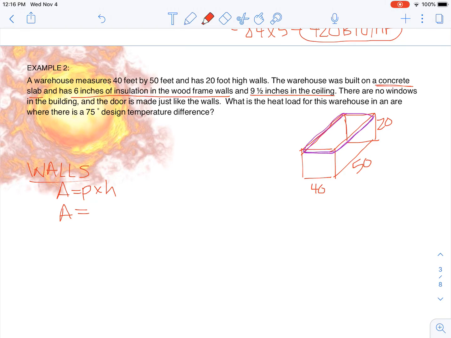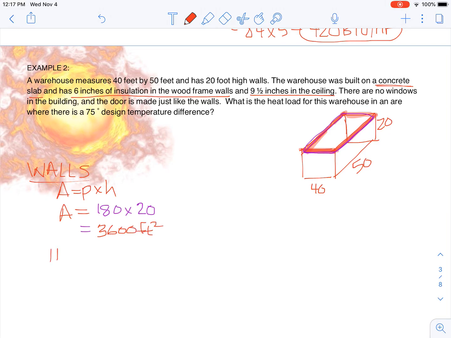So we would go 40 plus 50 plus 40 plus 50. And that's our perimeter. So 180 is our perimeter, times how high the walls are, 20. That gives 3,600, and this would be square feet.